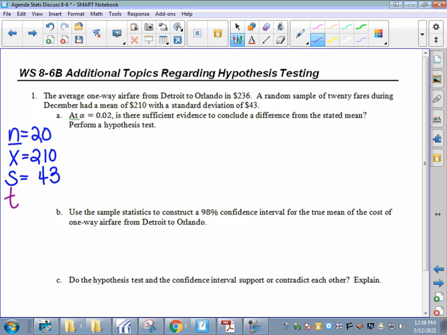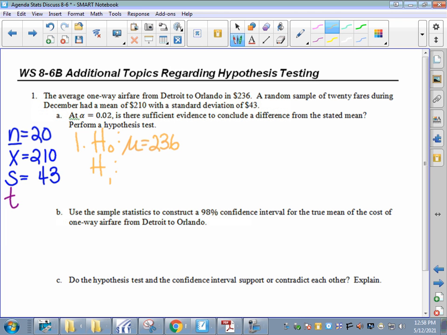So let's perform a hypothesis test. Now we know where we're going. We're using the t-table. So step 1, my H sub 0 and my H sub 1. It says the average one-way airfare from Detroit to Orlando is $236, so my mu is equal to 236.